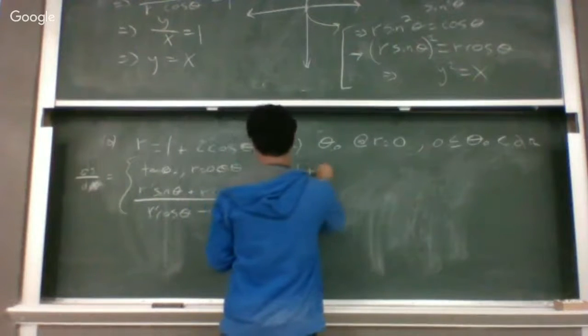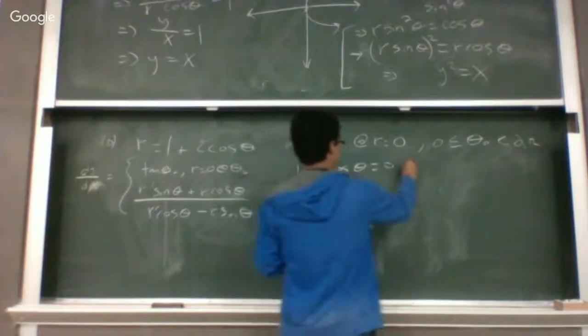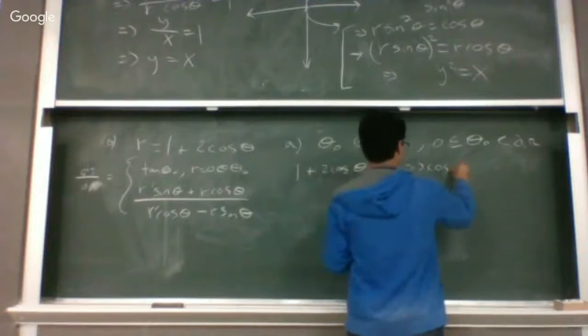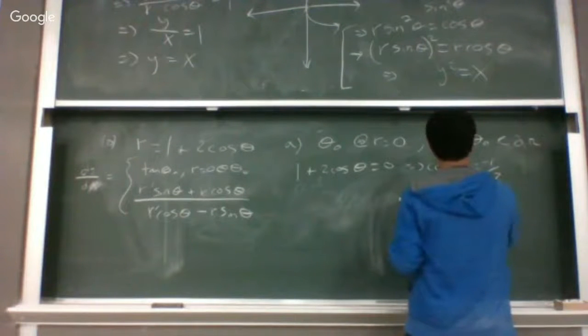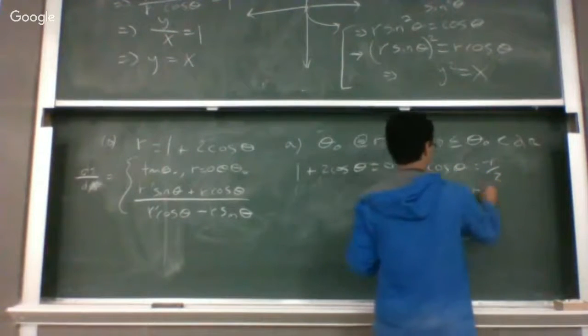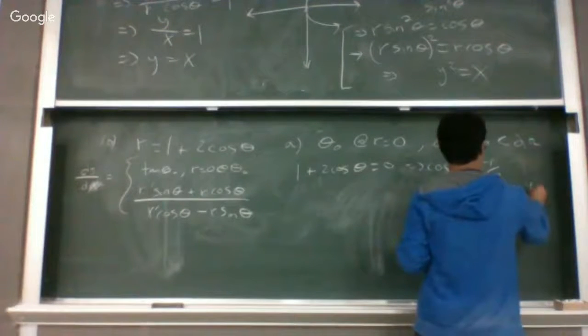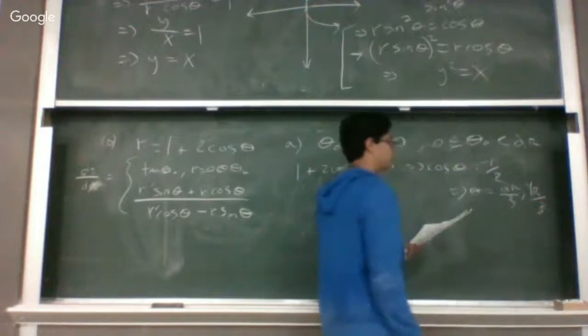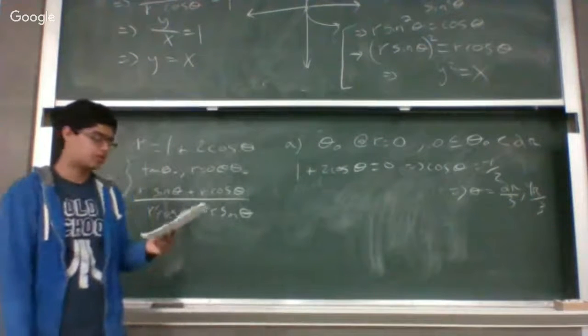So we have 1 plus 2 cosine of theta equal to 0. Therefore, cosine of theta equal to negative 1/2. Therefore, what does theta equal? 2 pi over 3 and 4 pi over 3. So we found what theta naught is.